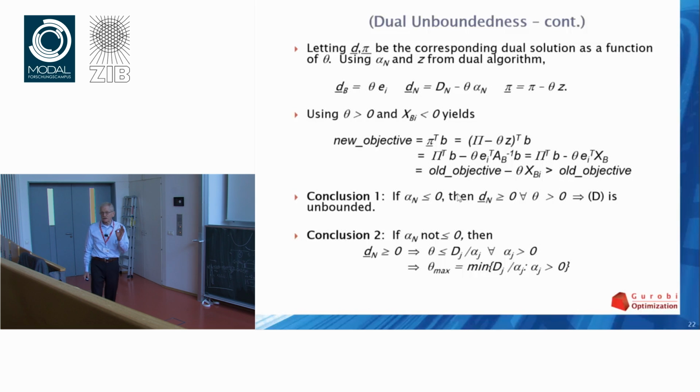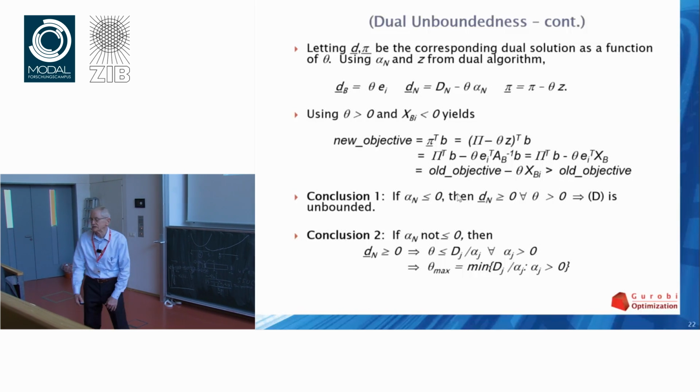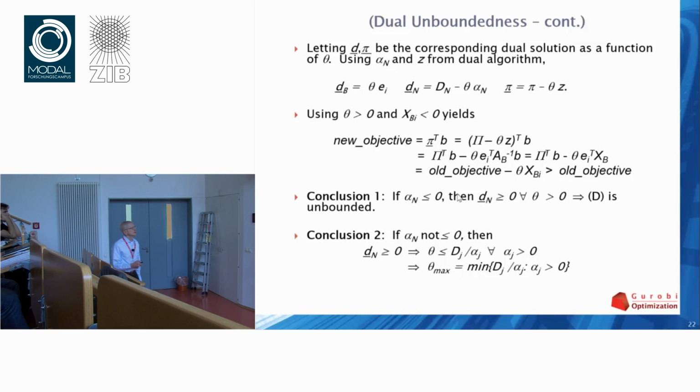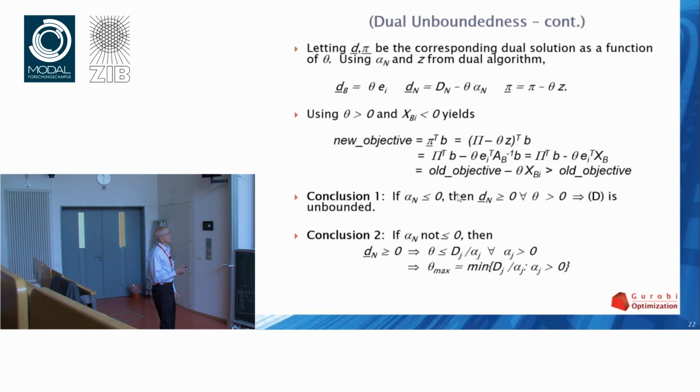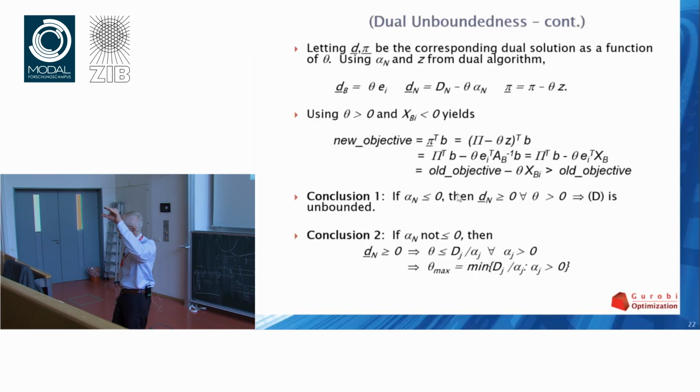And that's good because we're maximizing in the dual. Right? So that justifies taking this step. Now, if alpha n is less than or equal to 0, this was what we looked at in the ratio test in the dual to conclude possibly that the problem was unbounded.